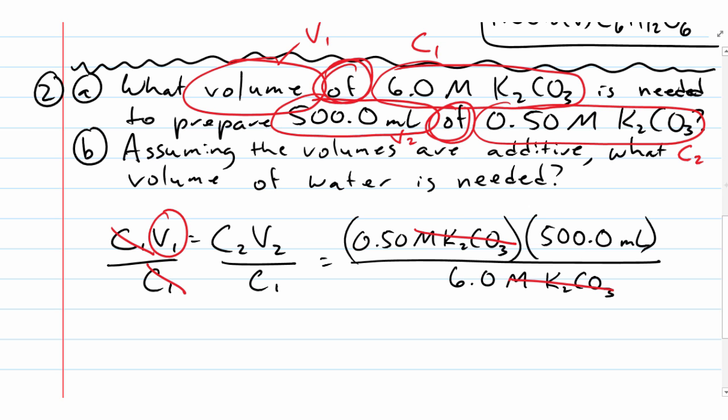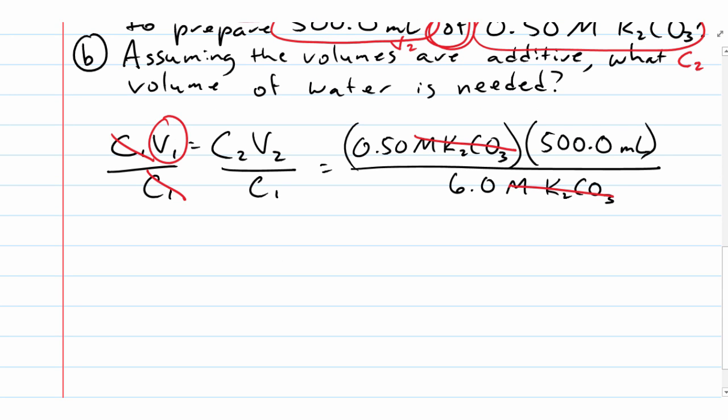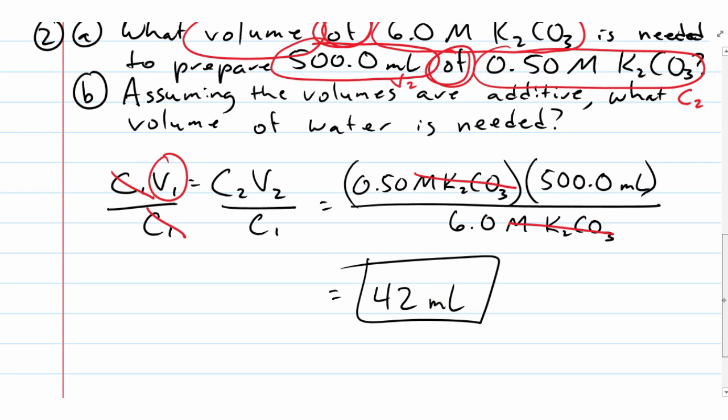And we get 41.66666, etc. How many sig figs should be in the answer? 2. So then we round it off to 42, with the label milliliters. So we have 42 milliliters as the solution. Any questions on this one?